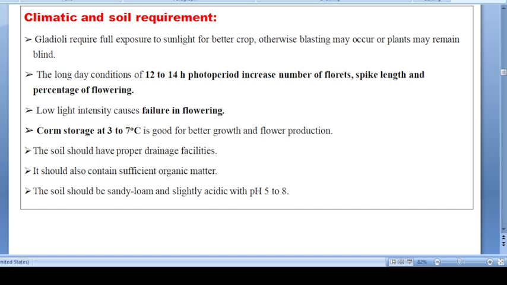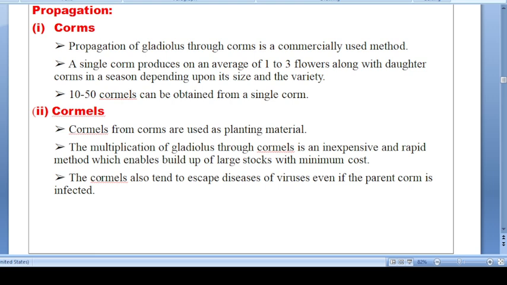Here also, like tuberose, the soil should have good drainage, because the corm is the propagation material. If there is no good drainage, the chances of corm rotting are more, and sandy loamy soil is good for its cultivation. Next, both corms as well as cormils can be used for propagation.